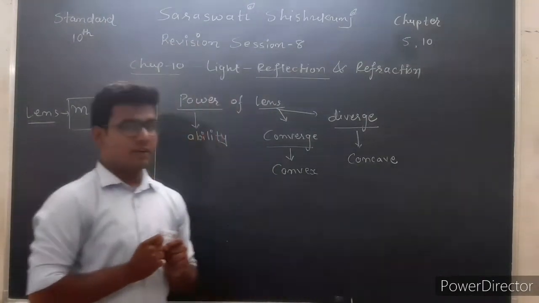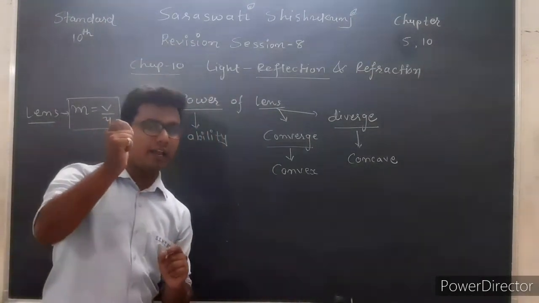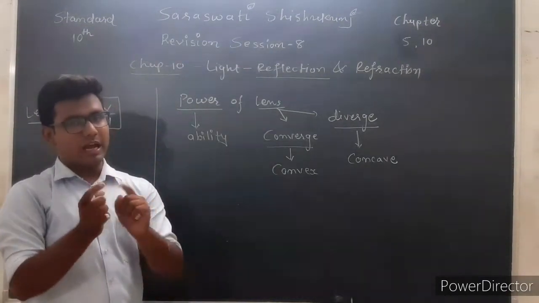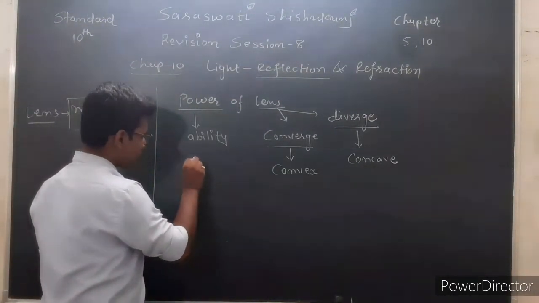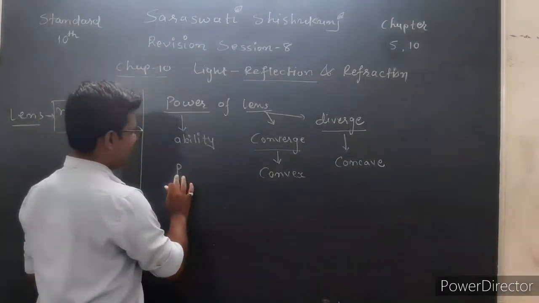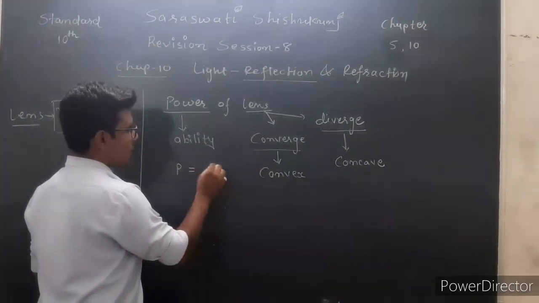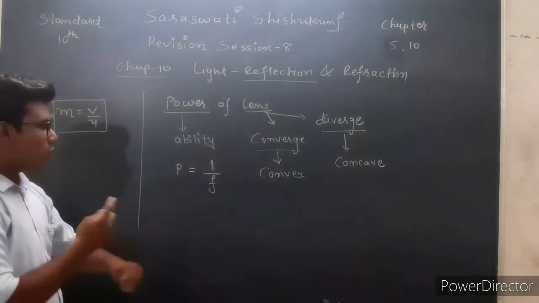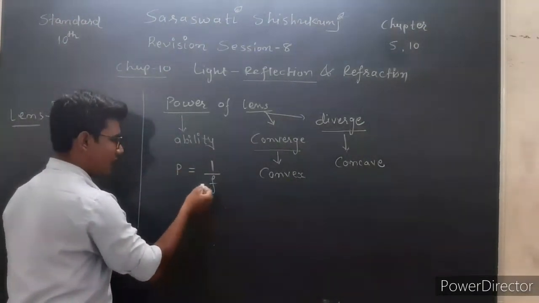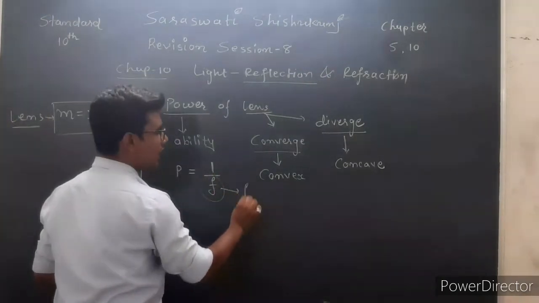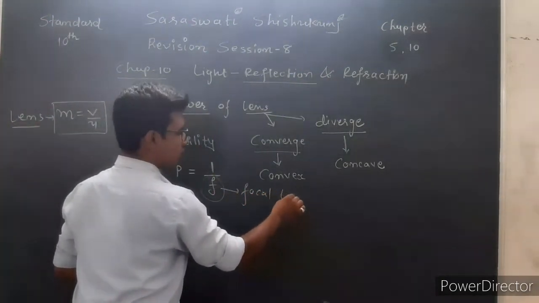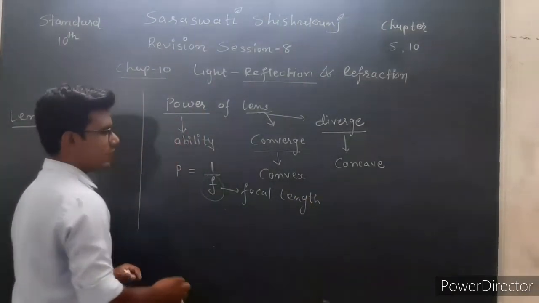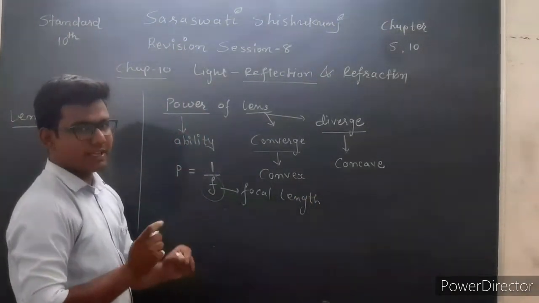And it is observed that if you have more focal length of lens, the ability decreases. So both are inversely related to each other. So we can say power of lens is 1 upon f. Now what will be the unit of this? This is our focal length. This focal length can be in meter and it can also be in centimeter.